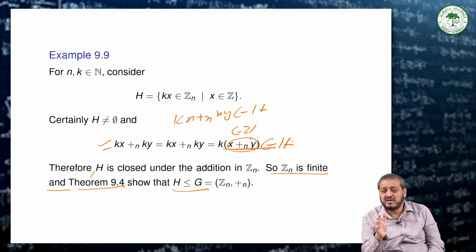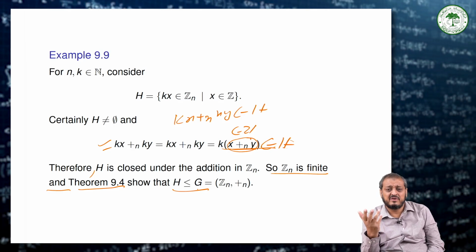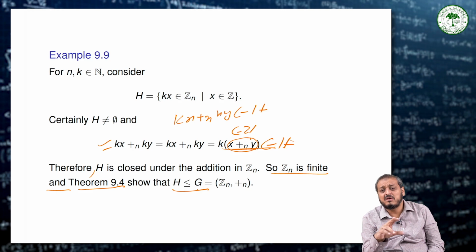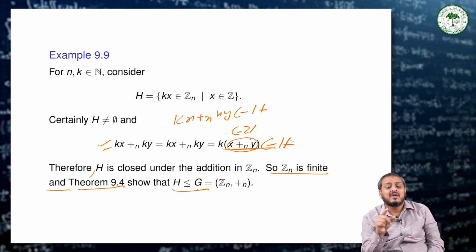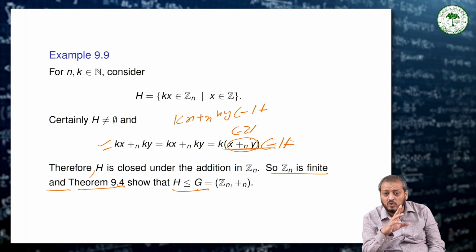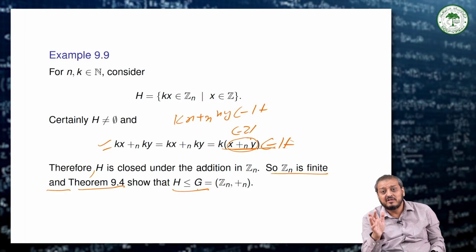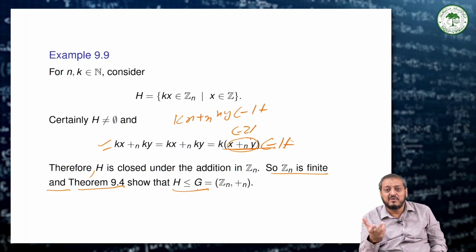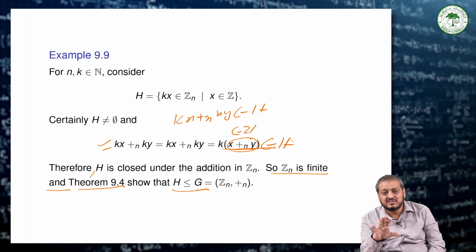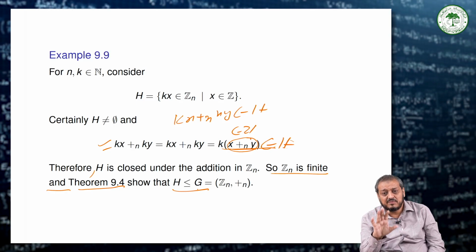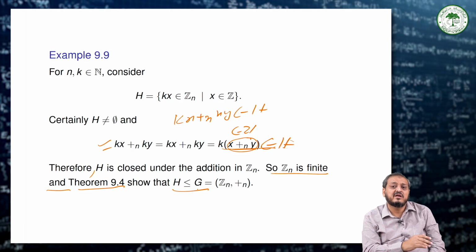For example, the integers under addition form a group, and the set of natural numbers under addition is a subset that is closed, but it is not a group, because the identity element does not exist. So this theorem is applicable only for a finite subset of a group G, and if it is closed, then it is a subgroup.